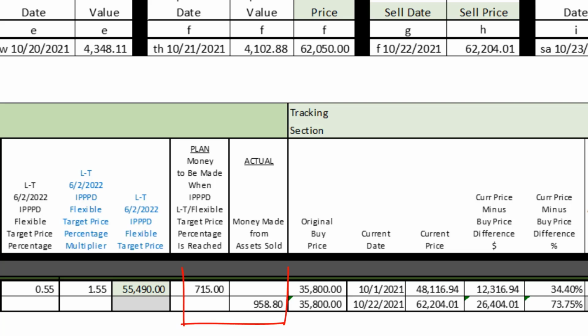Instead of making $715, we made $958.80. Thanks to the use of the MACD oscillator, which put us on track to ride to a peak of Bitcoin's MACD curve. We have a short-term capital gain because the asset was sold before June 2nd, 2022.